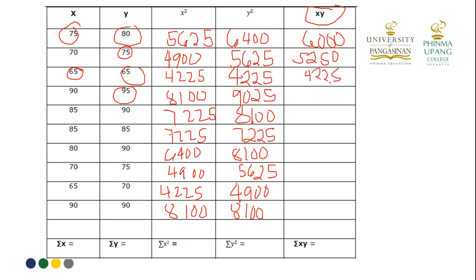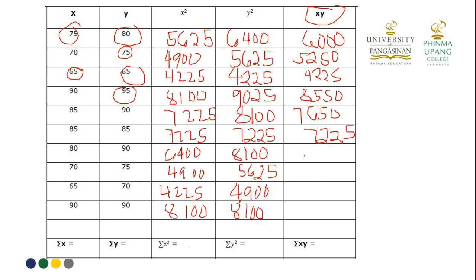Next, 95 times 95. Kita ko na yung sagot. 8550, yung 8590. 7650, yung 8585 parehas lang. 7225.